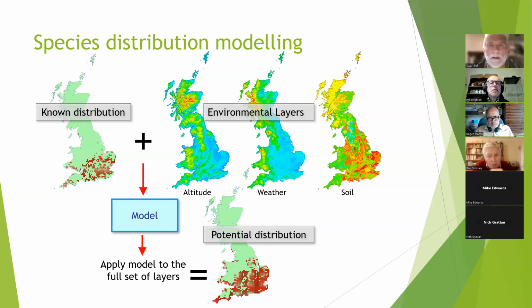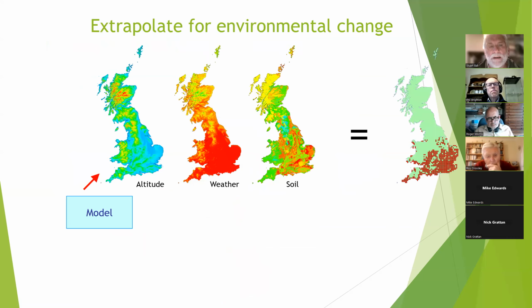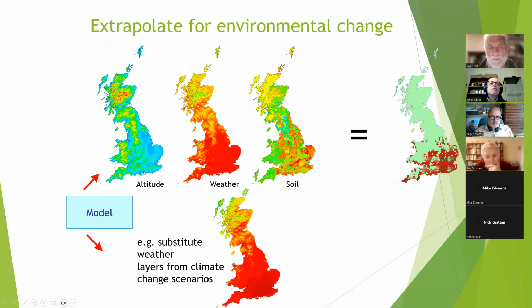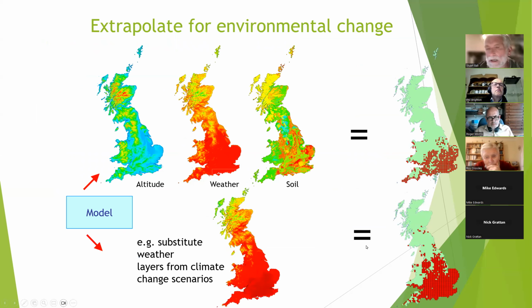Obviously, we can readily go on from there in that if we changed one of these layers, for example, we substituted our weather layers with potential future weather from climate models, we can then get a predicted distribution under that climate change scenario.